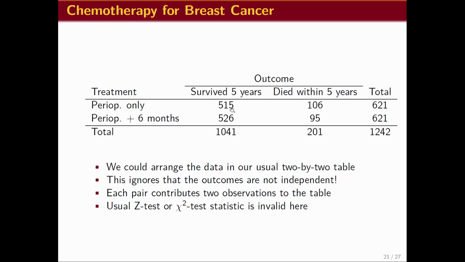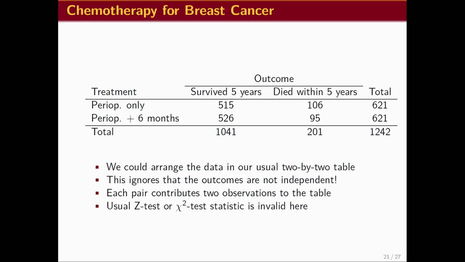Say we have 515 who survived 5 years with perioperative only, 526 who survived 5 years with perioperative plus 6 months, et cetera, et cetera.